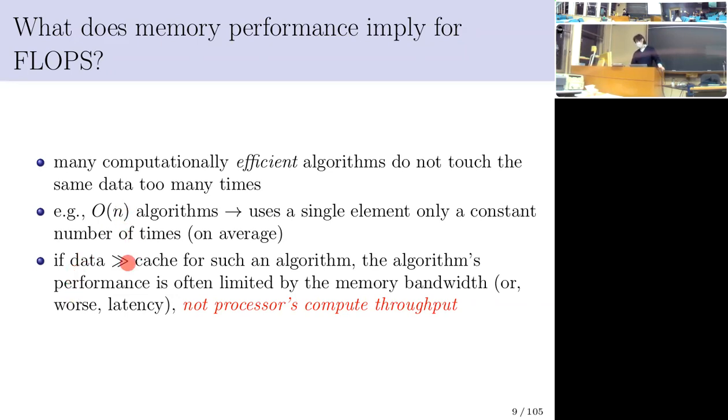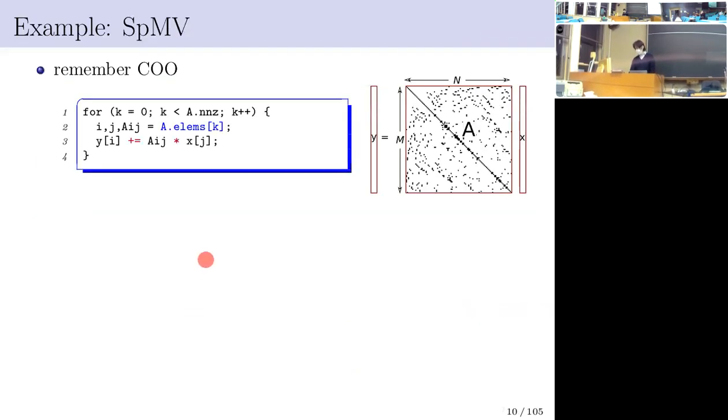You at least need to move the entire data once from main memory to the processor. So this already dominates the entire execution time if the processor does not do too many things on each element of the data. Let's talk about a specific example, which is sparse matrix vector multiply.